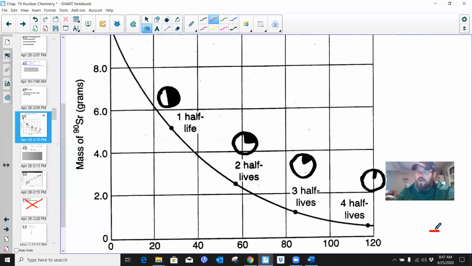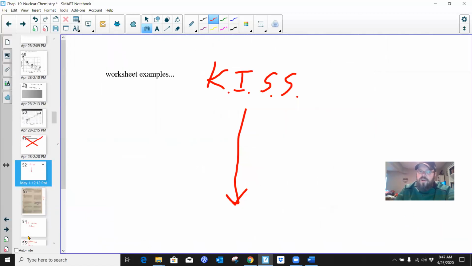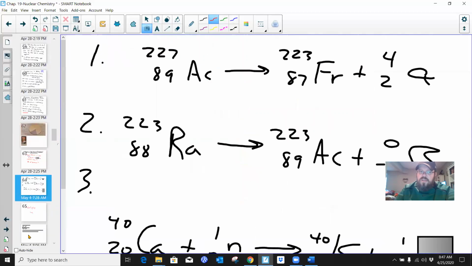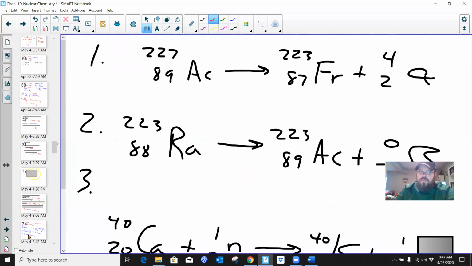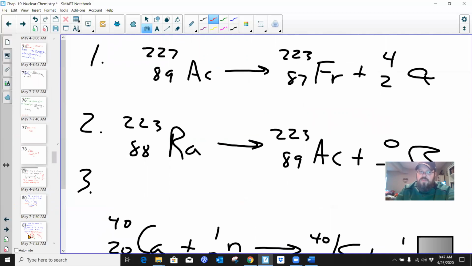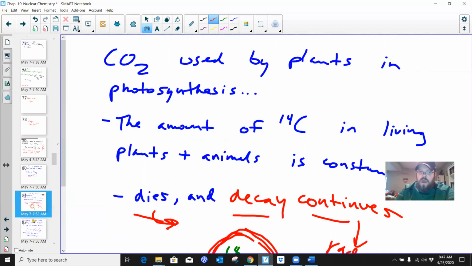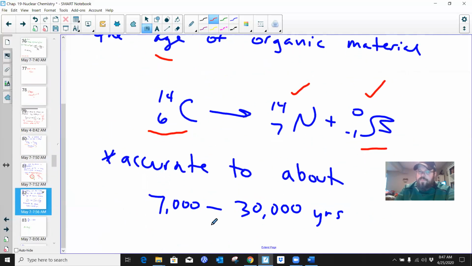And once you get to 4, 5, 6, 7 half-lives, with various measuring devices, it's nearly impossible to get a reading to see how much beta decay it's actually giving off, okay? So this is the reason why there is a set range with carbon-14 in terms of how it can be used or applied, okay?